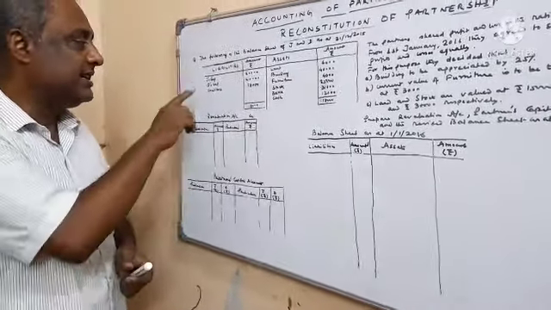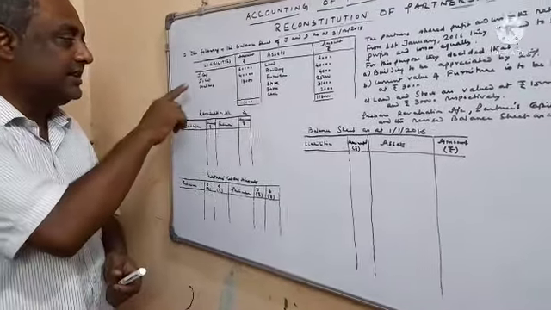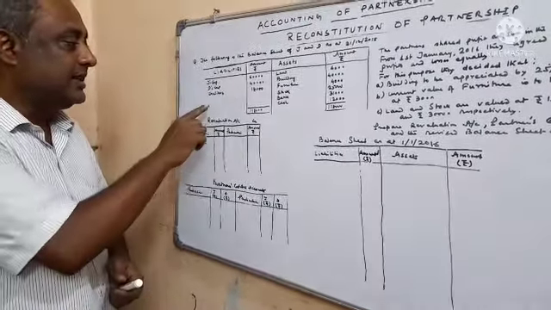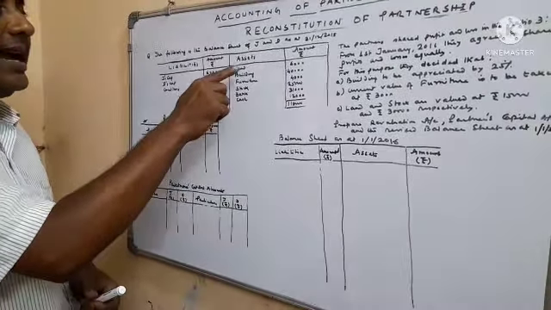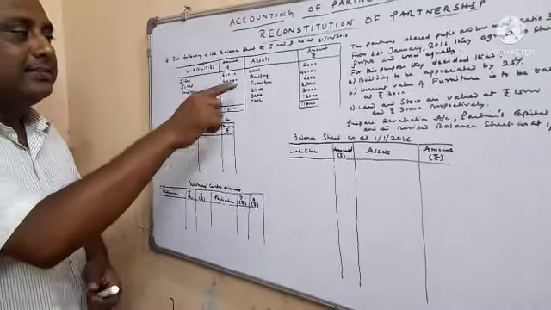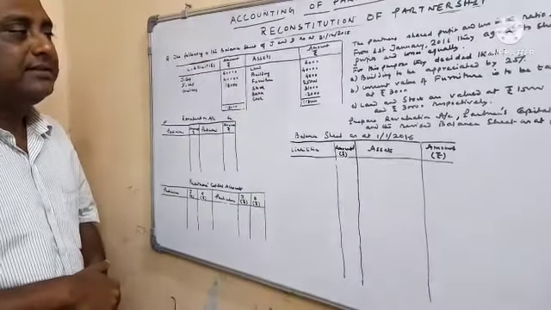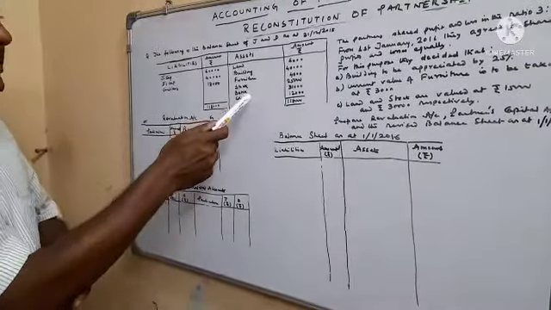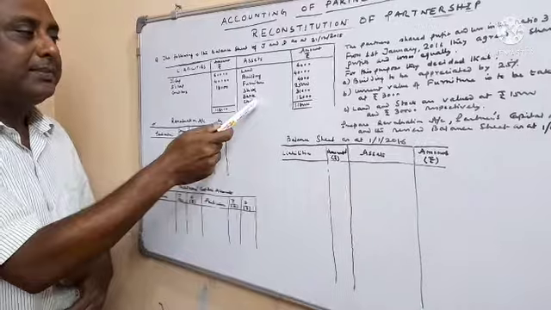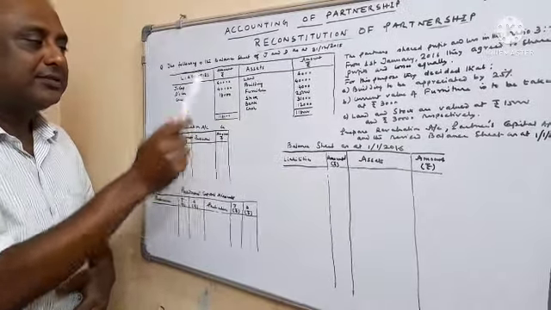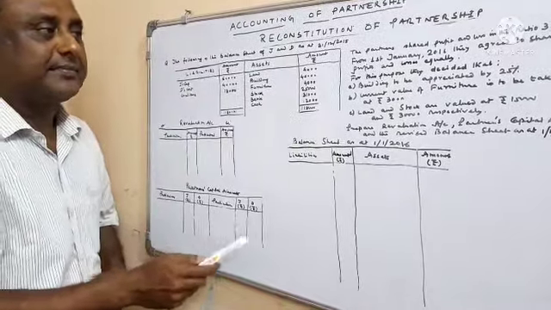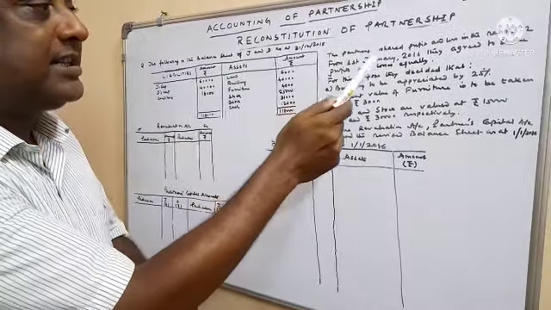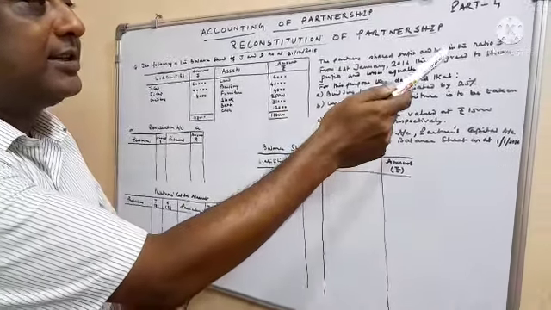Liability side given: J's capital 60,000, D's capital 40,000, creditors 18,000. Asset side: land 6,000, building 40,000, furniture 4,000, stock 25,000, bank 31,000, cash 12,000. Both side total 1,18,000. Now, partners share profit and losses in the ratio 3:2.